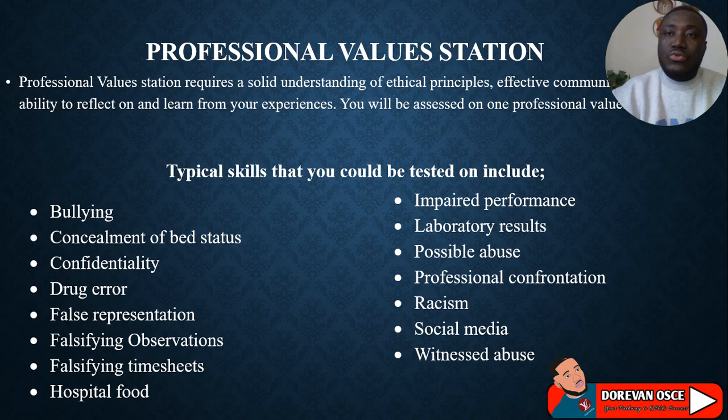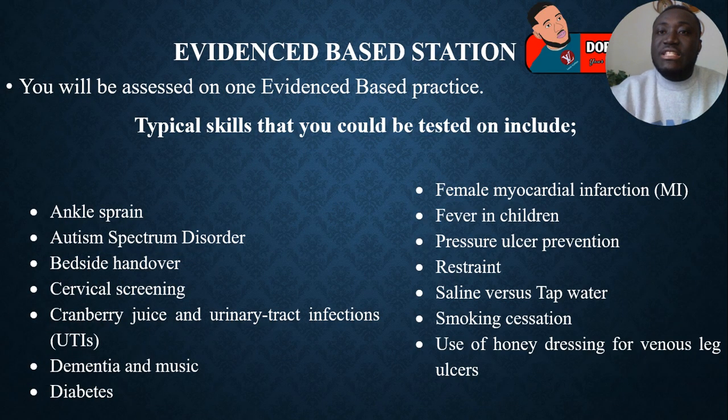Let's move to the next, which is the evidence-based station. With the evidence-based station, you'll be given an article, which is like a literature review, and then from that article, you are going to answer or respond to the scenario.